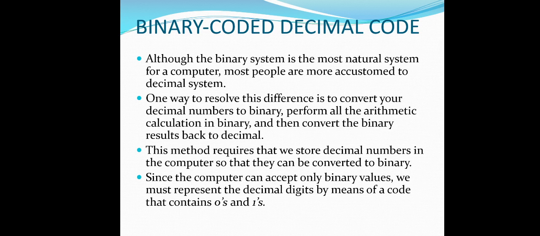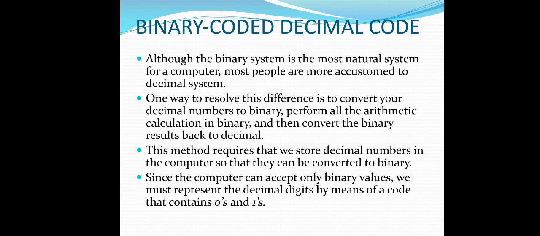The most natural system for computers is binary, but the system used by most people is the decimal system, the numbers 0, 1, 2, 3, 4, 5, and so on. One way to resolve this difference is to convert your decimal numbers to binary and then convert your binary results back to decimal.